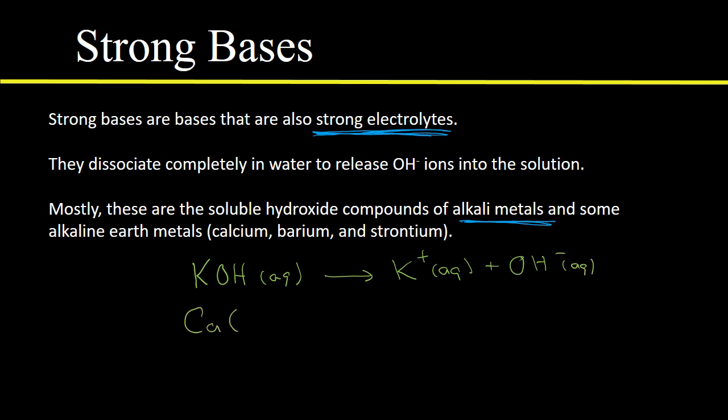Now, notice with the alkaline earths, because they have a charge of 2+ instead of 1+, they're going to have 2 hydroxides. So when these act as a base, you get a 2+ cation and 2 hydroxide ions.